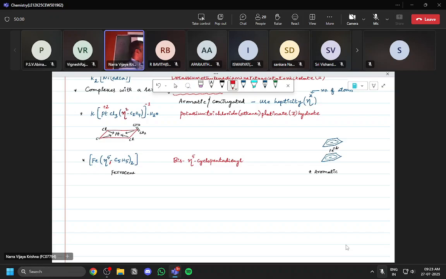Generally, for negatively charged ligands, what am I using? O, if a terminal is E, then only I will replace it with O. Here there is no terminal E, so I will not write O at the end. So bis cyclopentadienyl. Then what is left? Iron oxidation number.